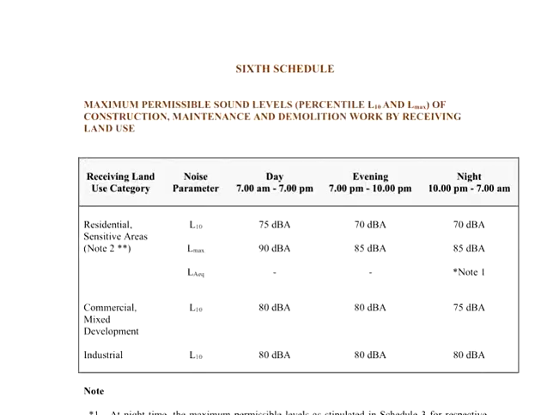And then we have the sixth schedule. This will be the permissible sound level for the constructions, maintenance, and demolition works. The permissible sound levels are classified based on the type of land use: residential, sensitive areas, commercial, mixed development, and industrial.